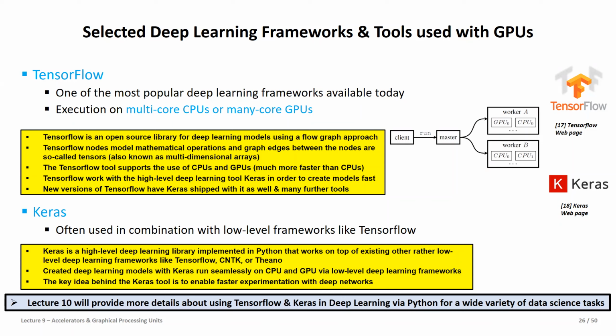But today, what we see is an enormous set of libraries, frameworks and tools available for doing deep learning. There's PyTorch, there's TensorFlow, there's Keras, which is actually often used on top of TensorFlow, while TensorFlow is a more low-level framework really to work either on CPUs, but also, of course, much more effectively on GPUs.